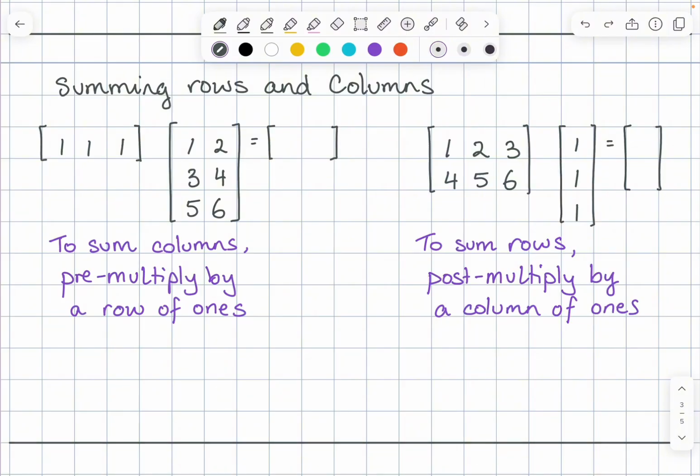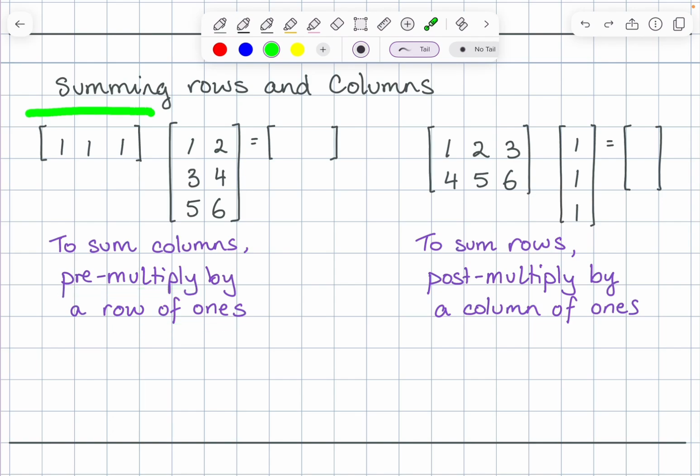All right, multiplication can also be used to sum rows or columns. So let's look at the first situation. If we want to sum the columns, that means we want to add up everything in each column. Then we need to pre-multiply by a row of ones.